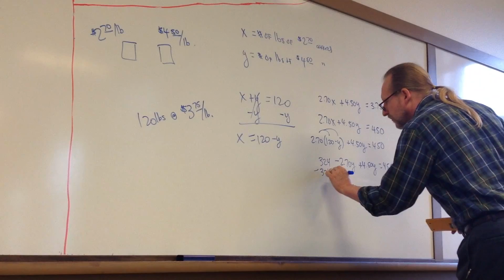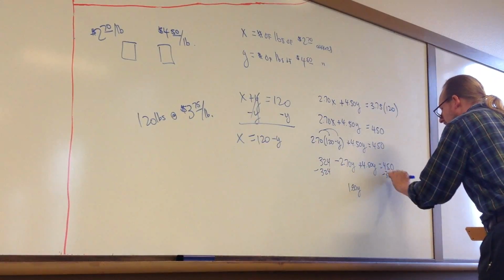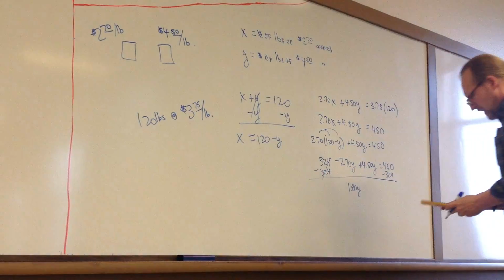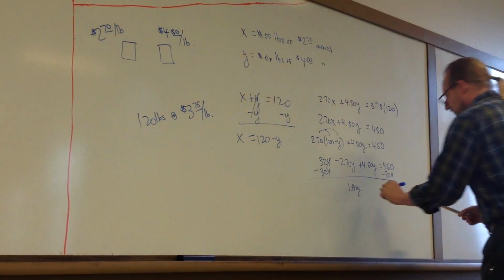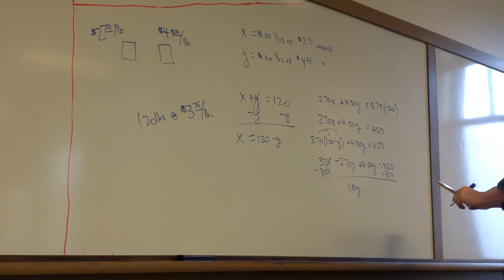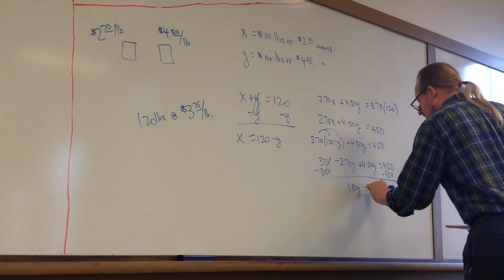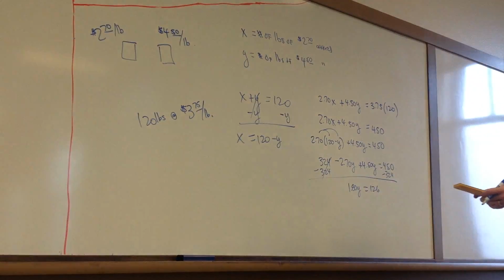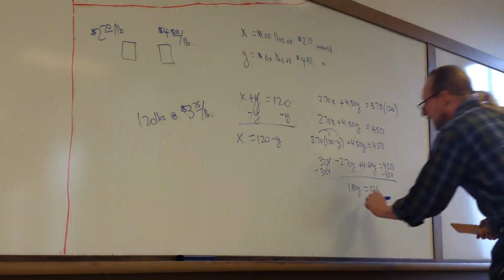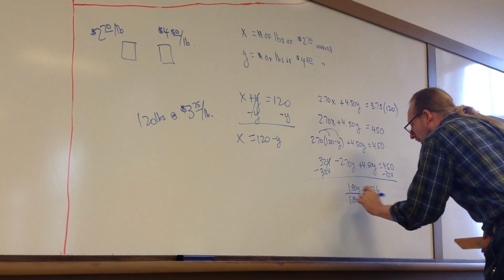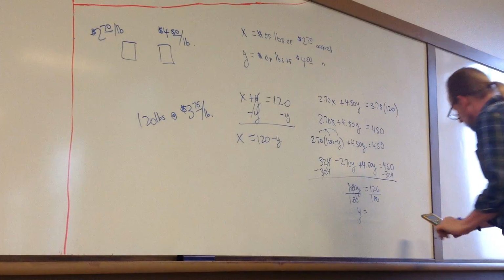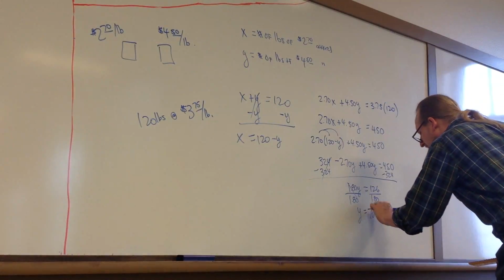And then we'll move the 324 over to the other side. That should give us, let's see here, 126. And then if we do 126 divided by 1.80, we get y is going to be 70 pounds.